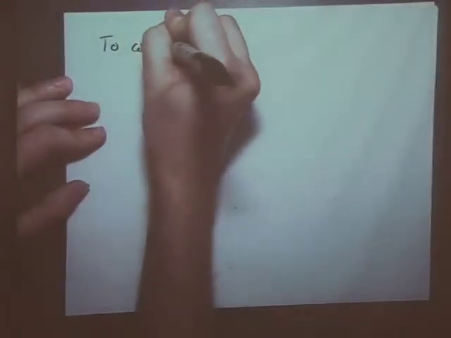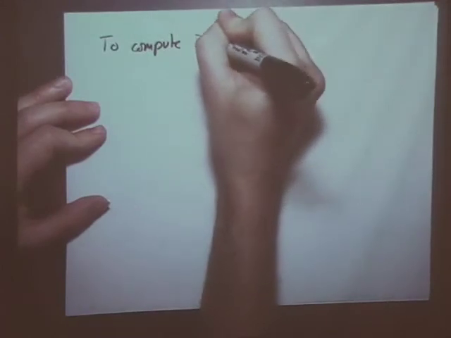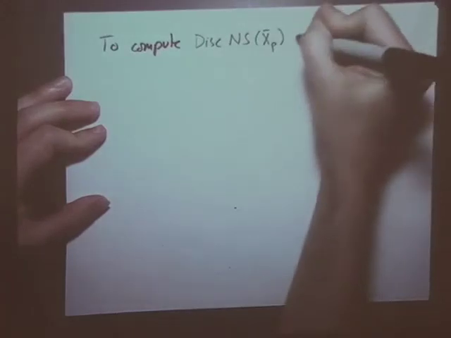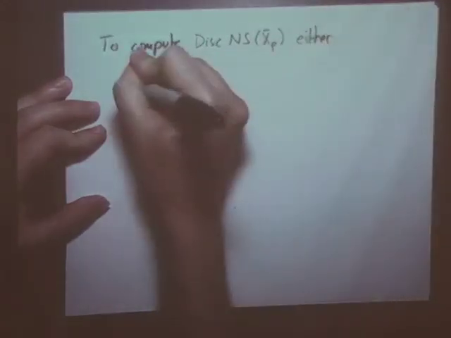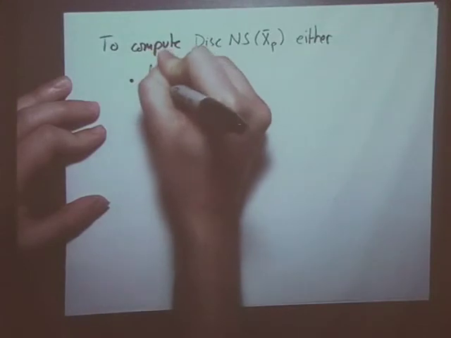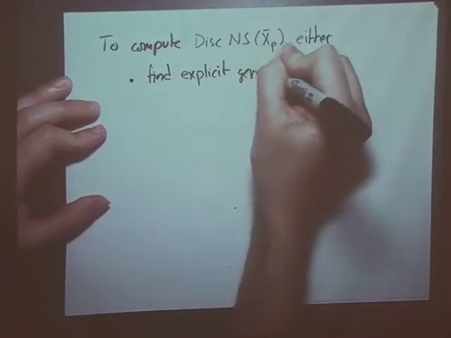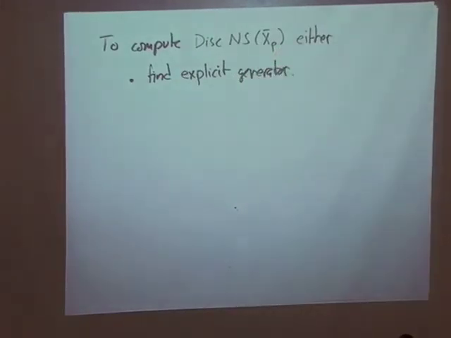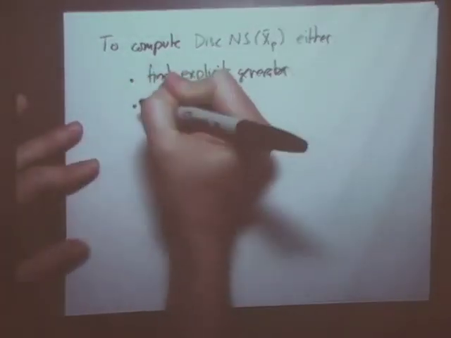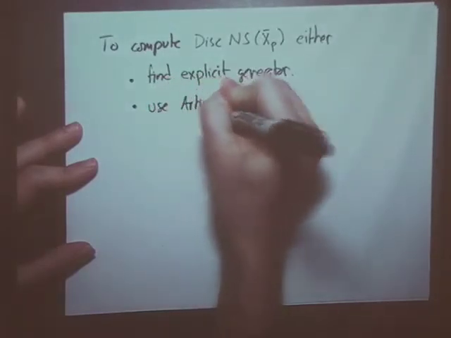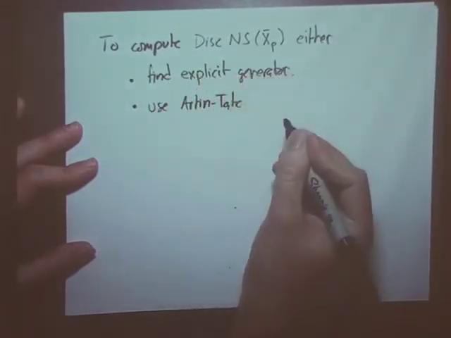So to compute this discriminant of Néron-Severi, one, find explicit generators. And one of my project groups last night found out how hard it is to do this. And two, one thing you can do is to use the Artin-Tate formula. This is described explicitly in the notes.